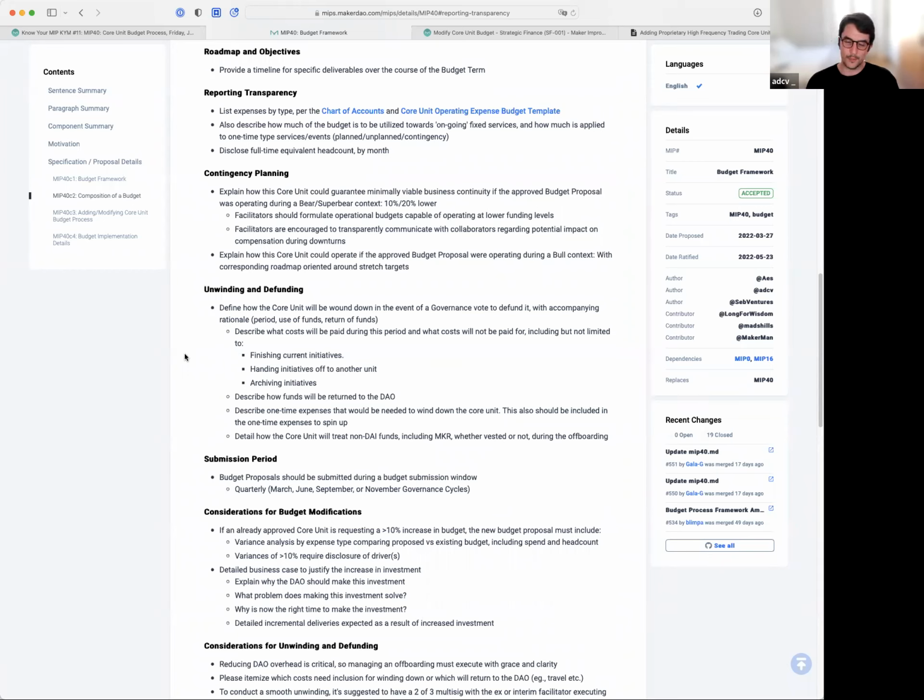We know from the past few months of working that we're stretched on capacity and bandwidth here and there, and having additional resources would help us fulfill our mandate, notably in accounting. Strategic finance is a core unit where almost all of the expenses are related to people, and there's some ancillary software services and things like this.